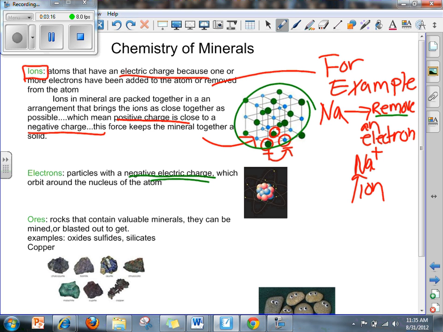If I look at this picture right over here, inside we have positive charges, and these dots right up in here are the electrons. Electrons generally float around if we really look inside the structure of an atom. Again, I'm hoping that this portion about electrons is a nice review for you and that you've seen this already.